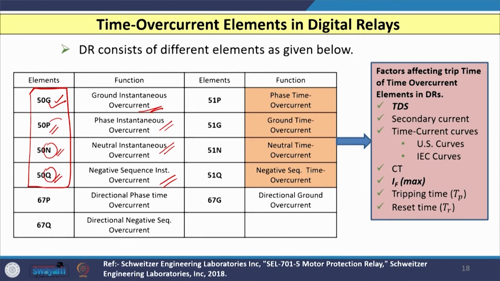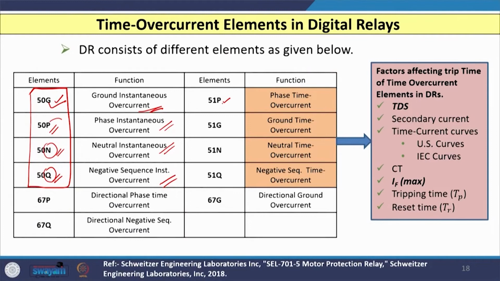This indicates that if we wish to achieve instantaneous protection, maybe for ground, phase, neutral or negative sequence, then we have to select these elements. On the other hand, if we want some time delayed protection against a particular short circuit, let us say 51P is there, which means that it is the phase time overcurrent element, 51G is ground time overcurrent element, 51N is neutral time overcurrent element and 51Q is negative sequence time overcurrent element.